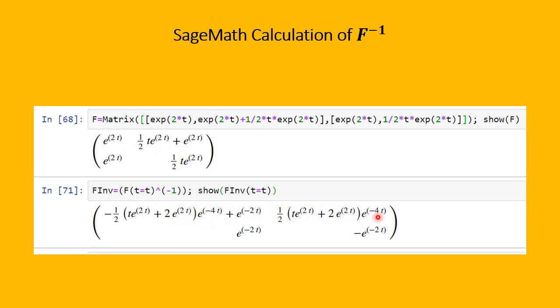And similarly, we could have done some algebraic simplification here. If you want to do that in SageMath, what we could have had here in the show command is F inverse, parentheses, t equals t, and then dot, and then after the dot or period, simplify_full. Simplify_full. And it would have done a little bit more algebra for us.